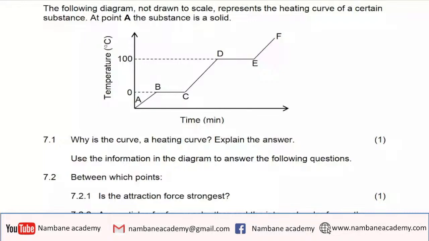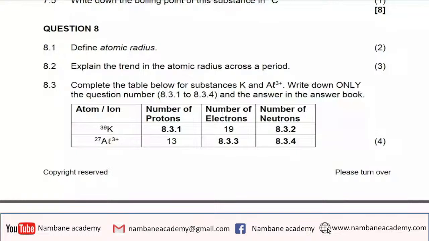Question number 8, if we have exhausted question 7, we can give at least a 1. And then the next question: explain the trend of the atomic radius across the period. Across the period, the atomic radius decreases.